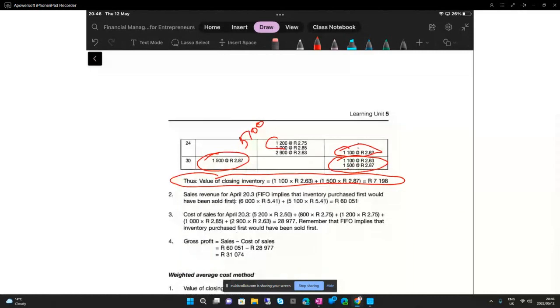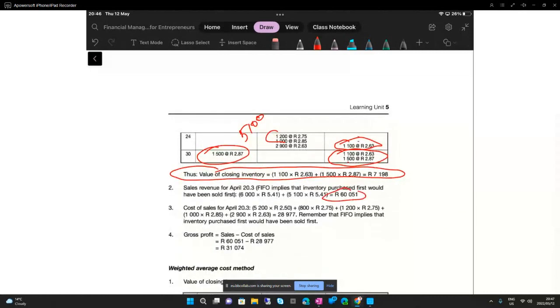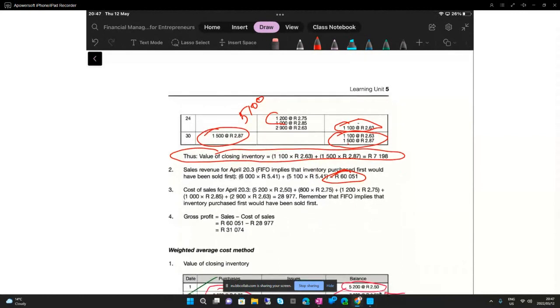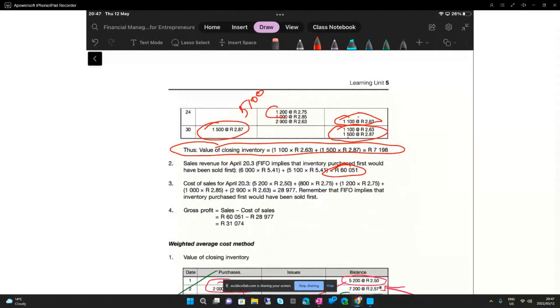Okay, so this will allow us to get our revenue. So the sales revenue is 6,051 rand.